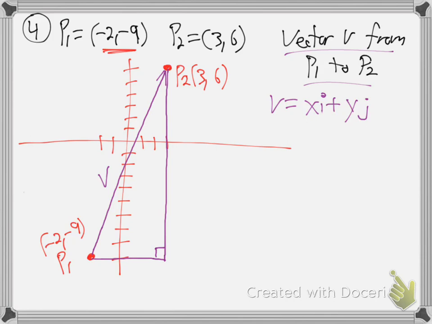Okay, so that vector v is how far sideways, how far up and down. Now we can try to count, but what if they make them real big? We're not going to want to count all the time. Is there a way we could get it more easily? Yeah.